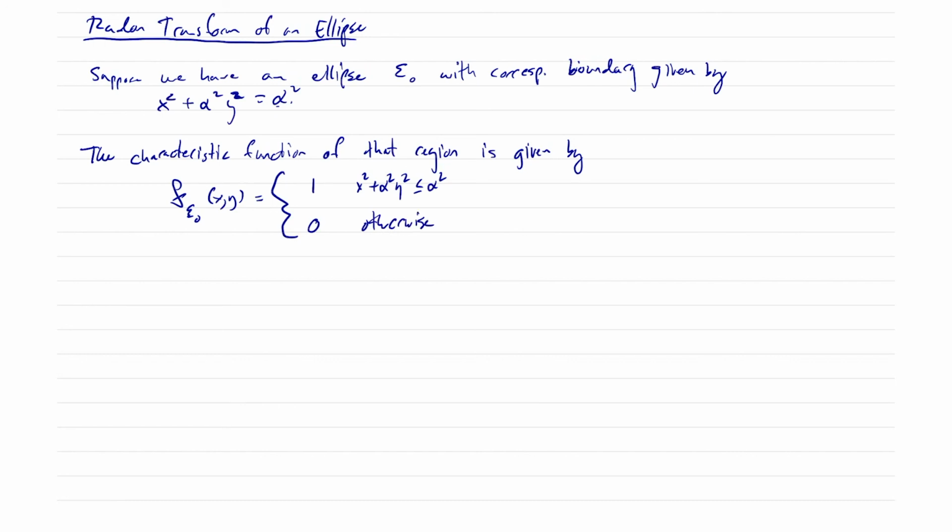If we're going to get the Radon transform following Feynman, we express the integral in terms of its parameterization: x equals t cosine theta minus s sine theta, and y equals t sine theta plus s cosine theta, for s in the reals.